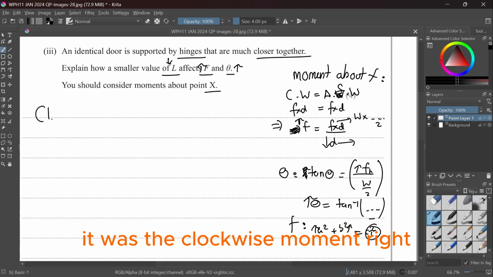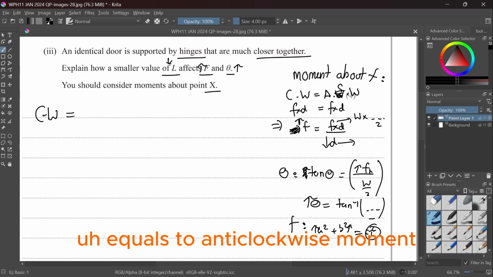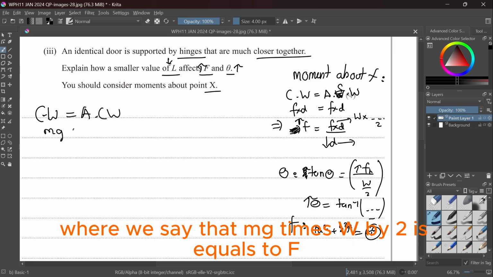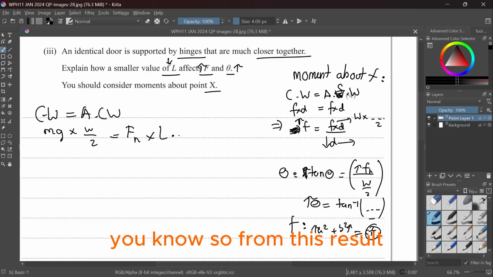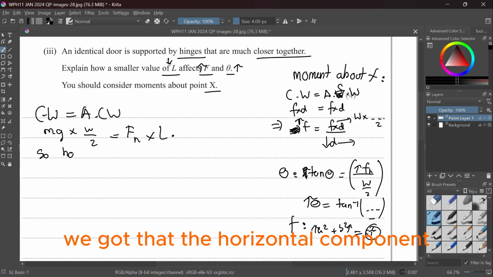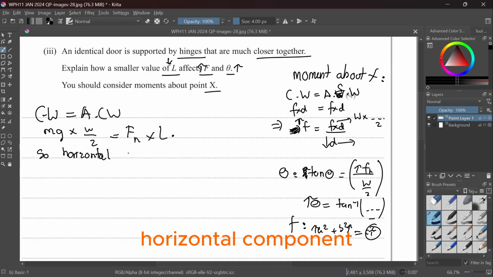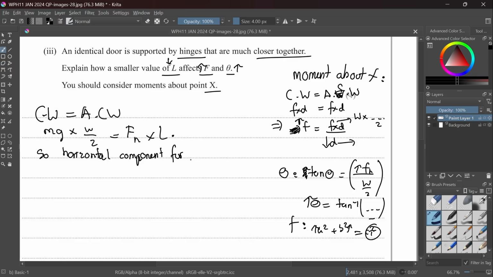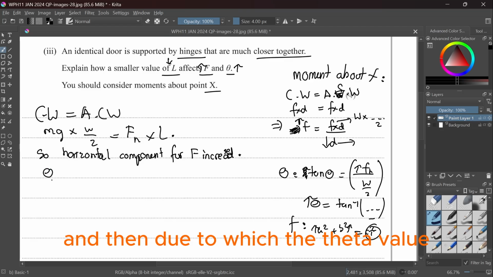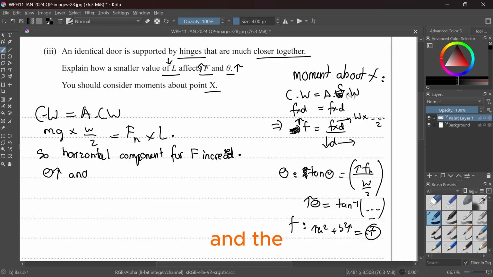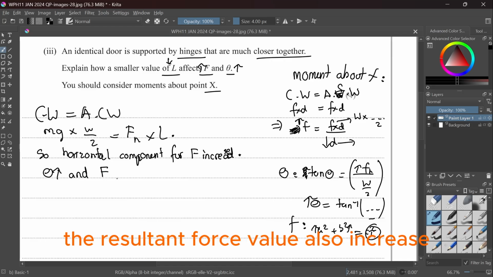It was the clockwise moment equal to the anti-clockwise moment, where we say that mg times w by 2 is equal to F horizontal times L. From this result we got that the horizontal component of F increased, and due to which the theta value and the resultant force value also increased.